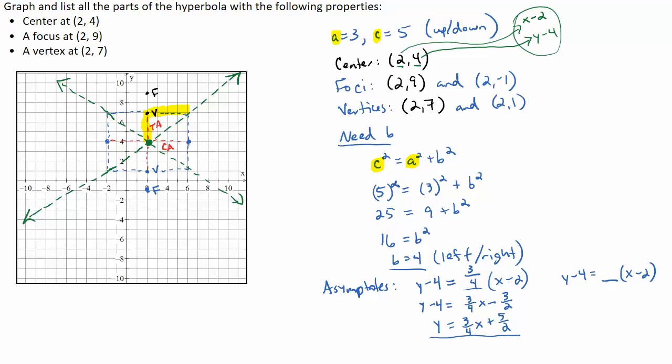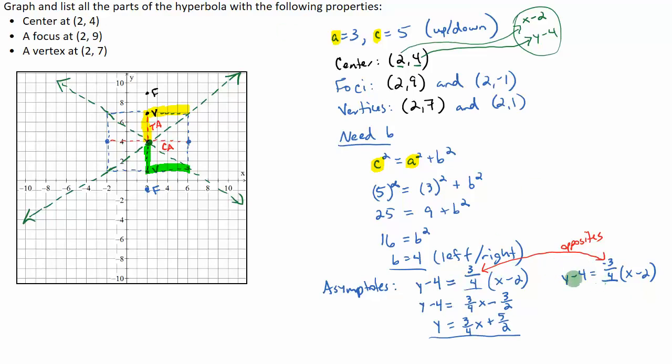Now the slope of this line, start at the center, your rise is actually negative and your run is positive. So now my rise is negative 3 and my run is positive 4. And it's always true that the only difference between the two equations is that the slopes are opposites. One's positive and one's negative. So you really don't have to do it twice. If you know one, you just use a negative slope in the other one.